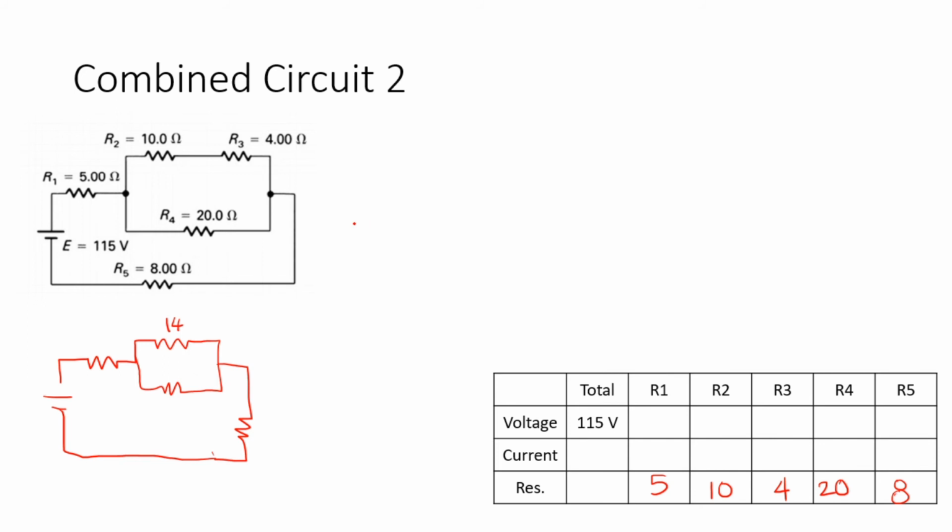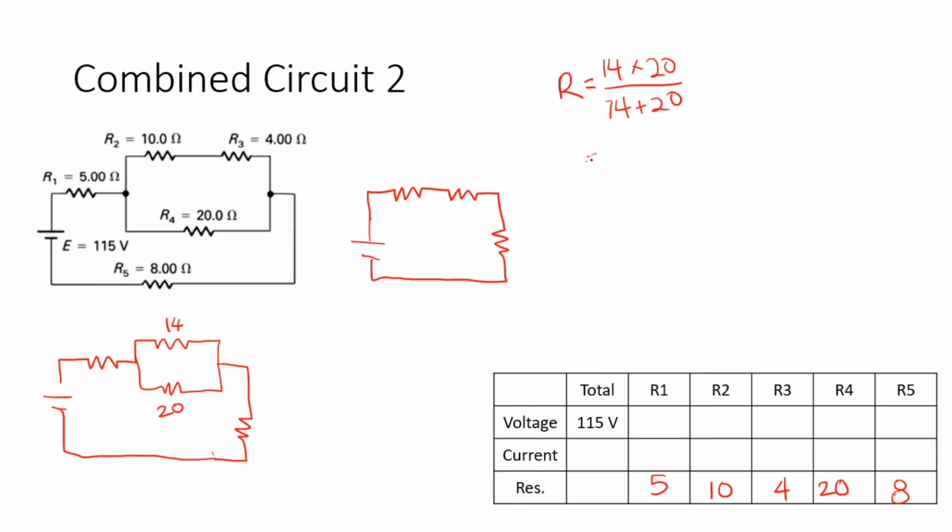My next simplification is going to be to make 3 resistors in series. And all I'm doing is taking this 14 and 20 piece and changing it into something here. Okay, so I'm going to use the cheater. R equals 14 times 20 divided by 14 plus 20.